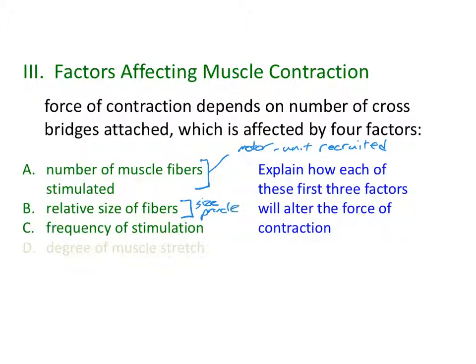So increased strength of stimulus increases the size of the motor unit or muscle fibers that are being activated, which increases the number of motor units recruited and more force. And then finally wave summation, which increases frequency, means that this doesn't necessarily increase the number of motor units or cross bridges that are attached, but it does basically remove that relaxation between cross bridges.